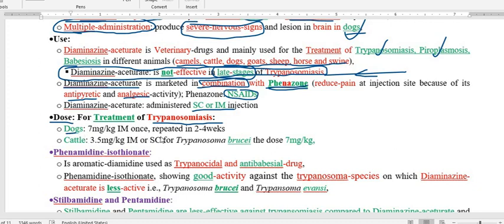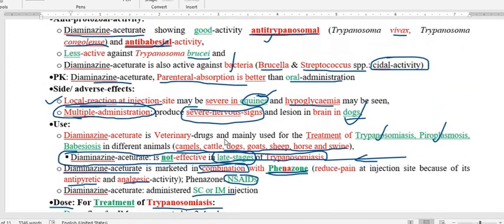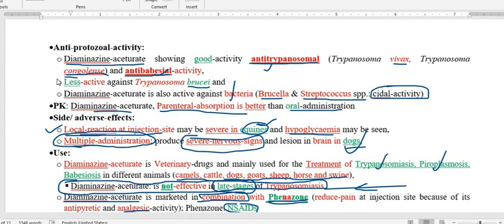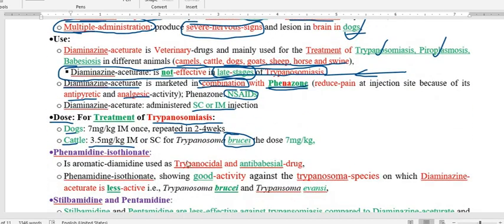As far as the dose of diaminogen aceturate for trypanosomiasis is concerned, for dog it is 7 mg per kg intramuscular once, and if required you have to repeat it after 2 to 4 weeks. Then for cattle, the dose is 3 to 3.5 mg per kg IM or subcut, and particularly for the species Trypanosoma brucei, which we already discussed, it is somewhat less effective.